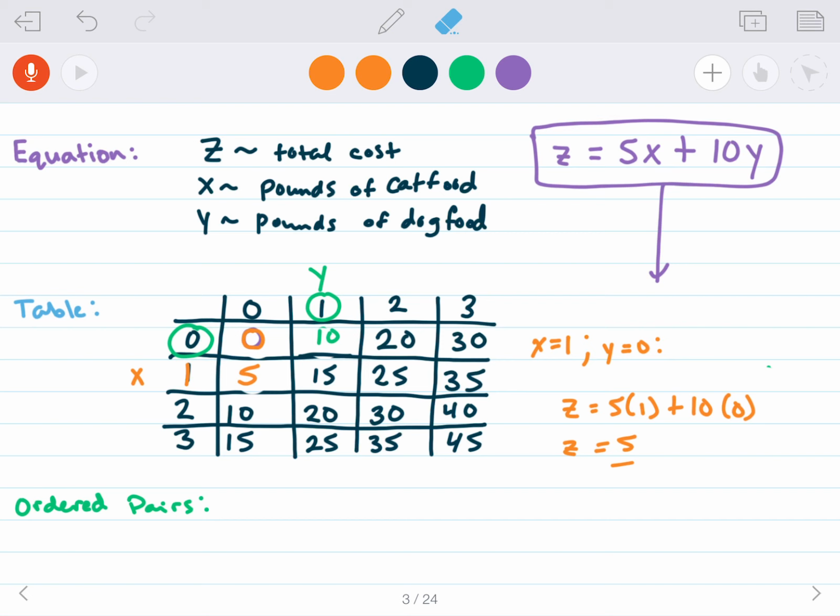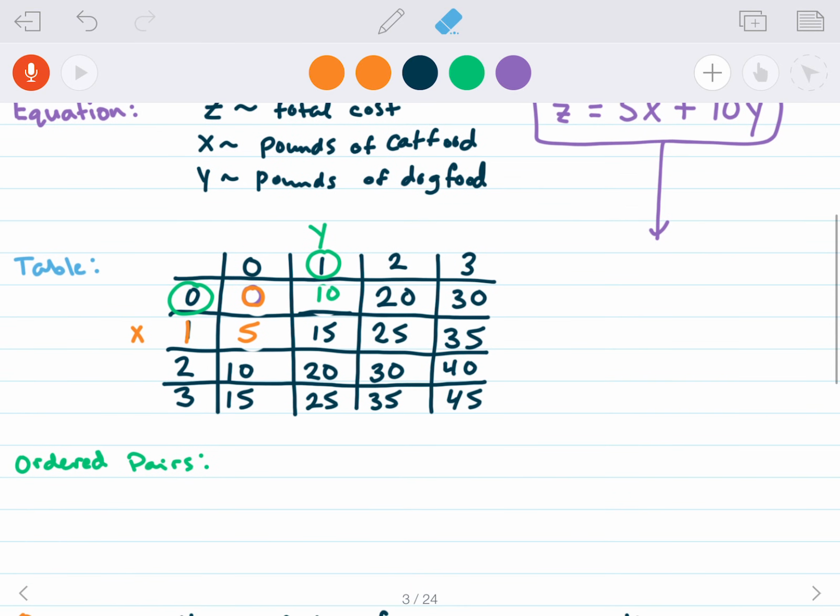We listed ordered pairs. X is 1, y is 0 would be 1, 0. Well, now that we're in 3 dimensions, we can list our ordered pairs as ordered triples. We can have 3 numbers in each, corresponding to x, y, and z. So the ordered triples go x, y, z, like that.